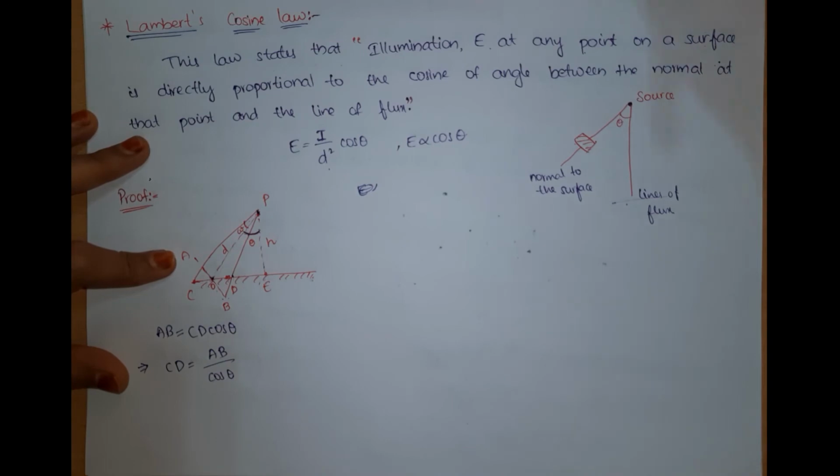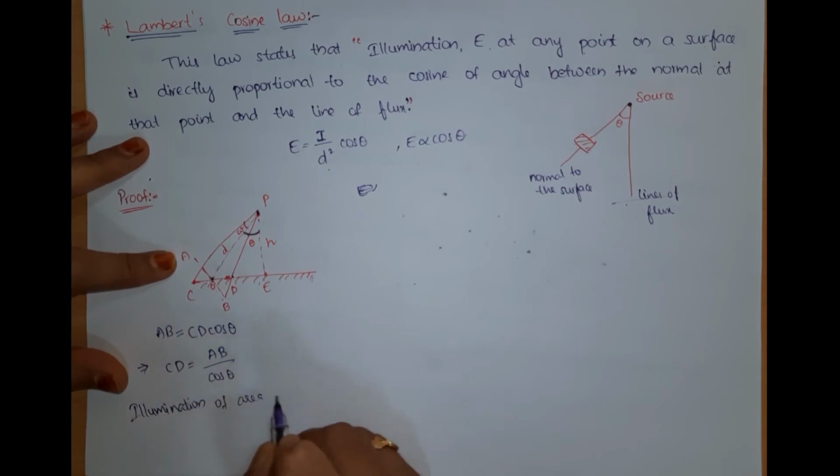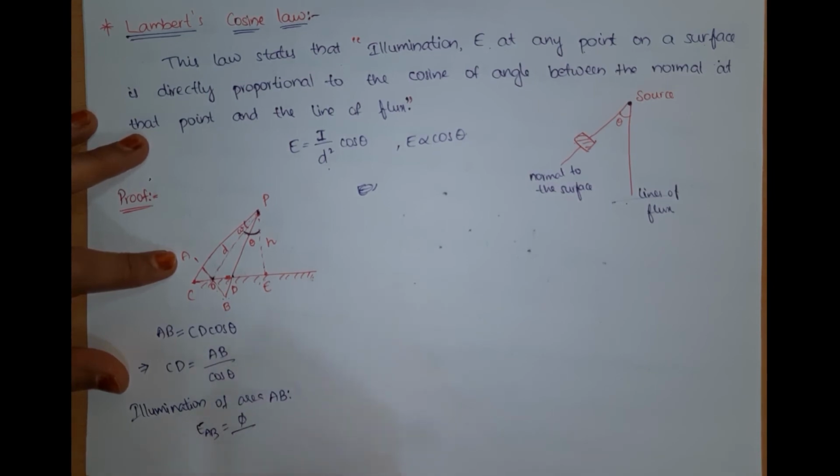Now next, let us find the illumination. Illumination of area AB, if you want to find out, EAB is nothing but luminous flux per unit area, where luminous flux is given by I into omega, divided by A. Right?